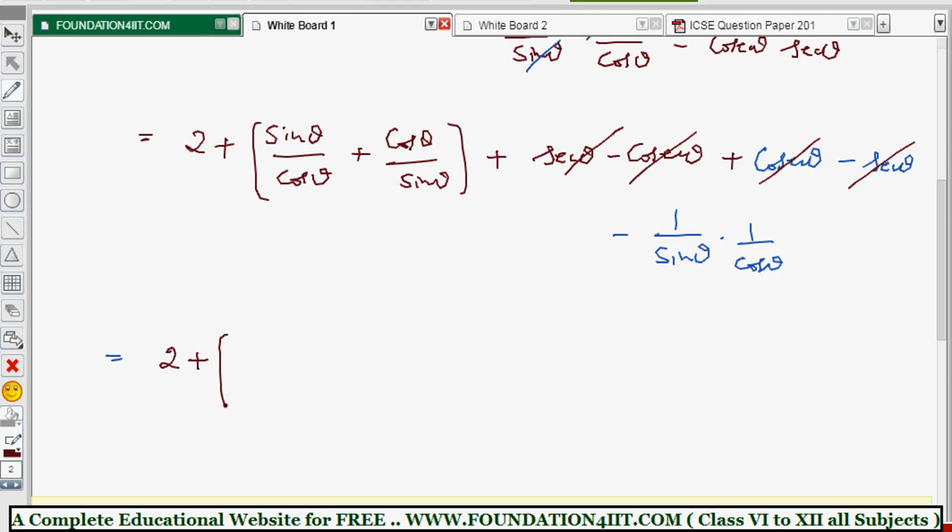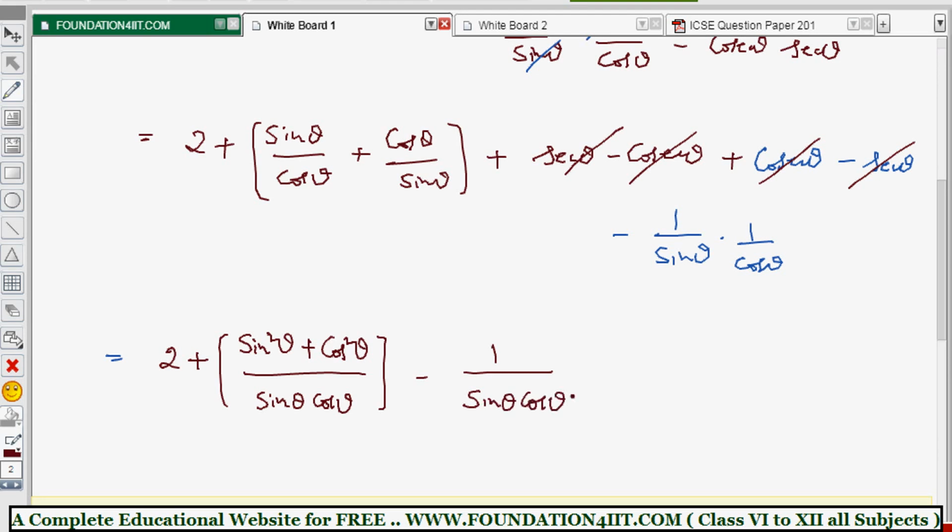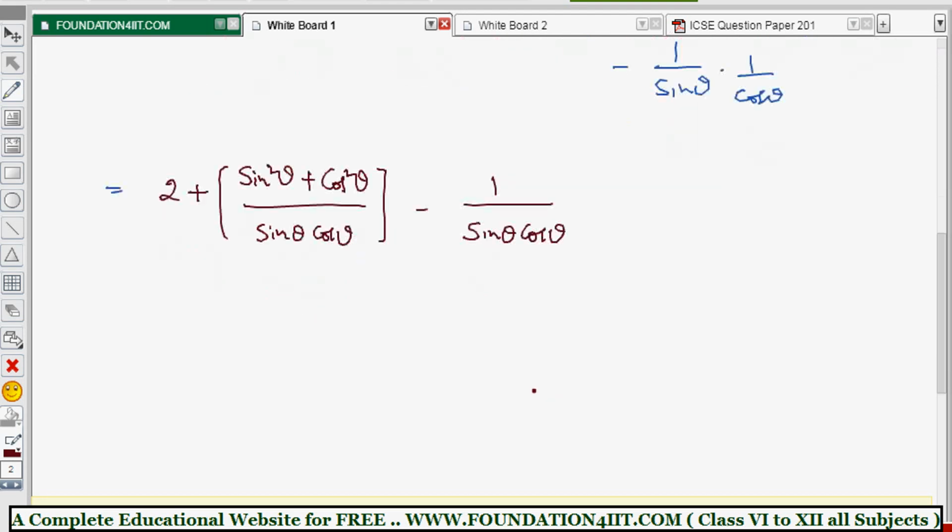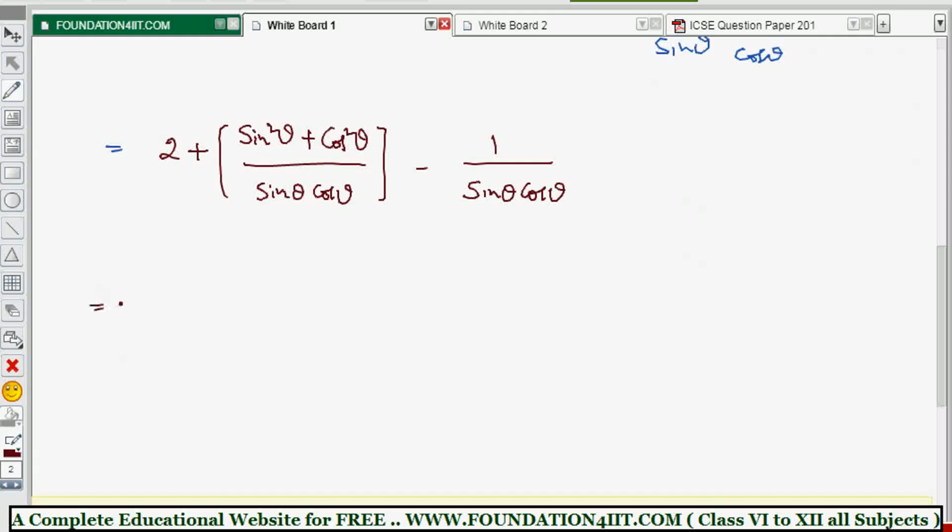Now 2 plus, here you can do cross multiplication simplification. Sin into sin is sin² θ plus cos into cos is cos² over again sin θ into cos θ. Here all get cancelled, minus 1 by sin θ into cos θ, right? Now we have the formula sin² plus cos² is 1.